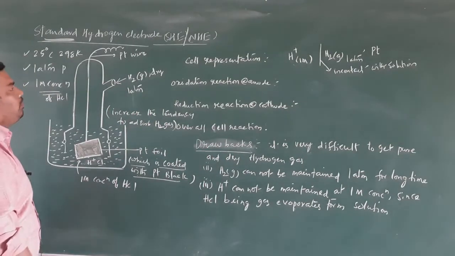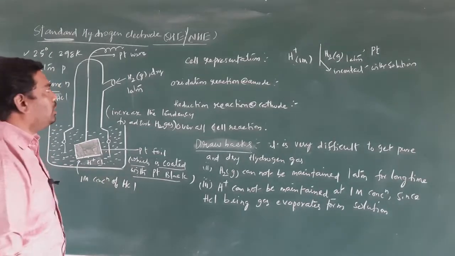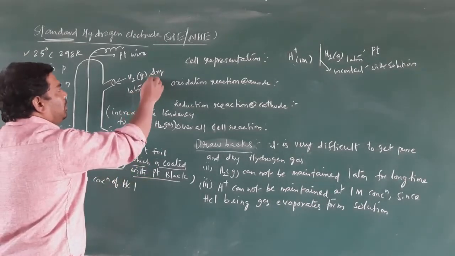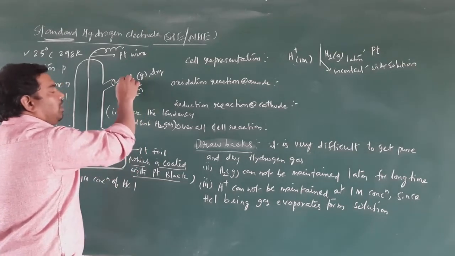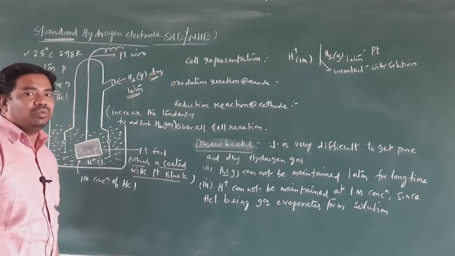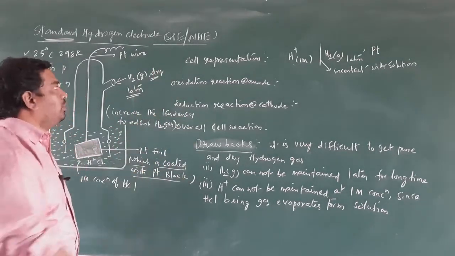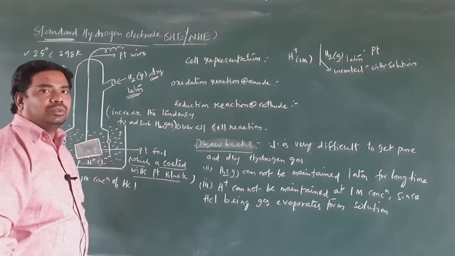The important thing in the construction of the standard hydrogen electrode is that we introduce hydrogen gas at 1 atmosphere pressure in dry condition. The gas should not contain moisture, so it is very difficult to maintain.